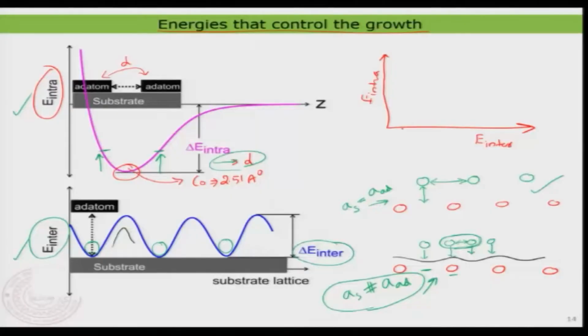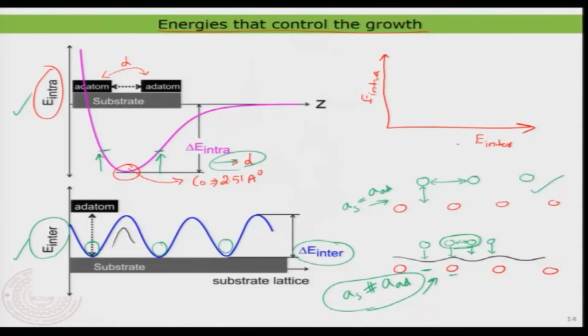Now, let me just show you if I would have everything controlled by E inter. That means if the lattice vectors of the adsorbate are matching exactly with that of the surface, then you would find everything is controlled by the E intra.